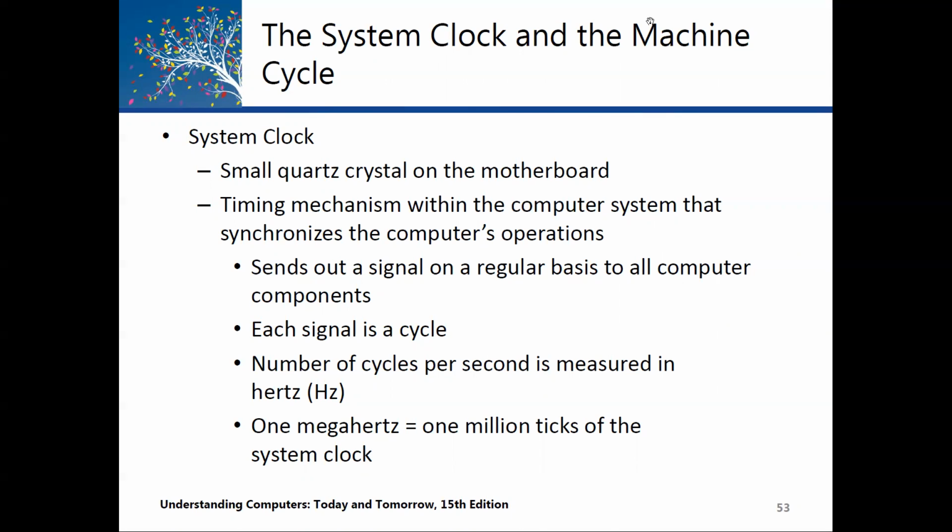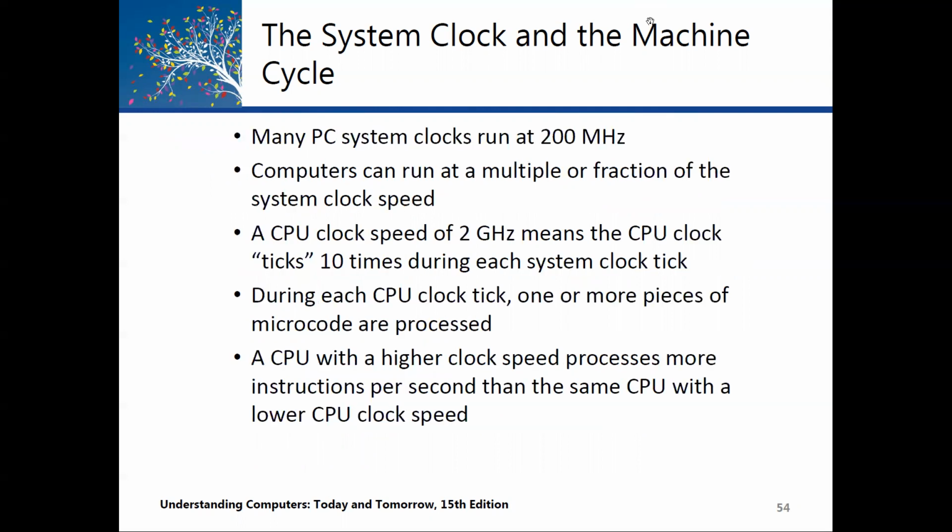A CPU with a higher clock speed processes more instructions per second than the same CPU with a lower clock speed, right? So it basically synchronizes the computer operations at every tick. Each tick is measured in cycles, and the unit is the hertz, right?